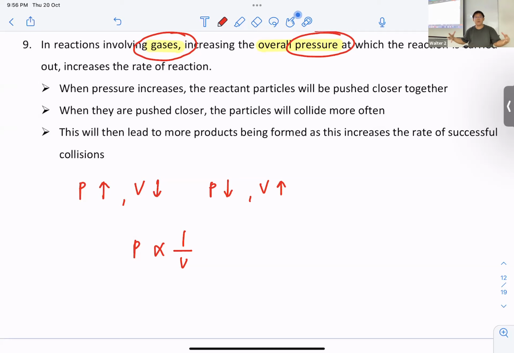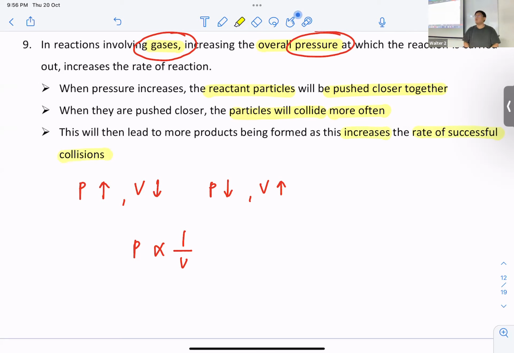When you have higher pressure, you're pushing the particles closer to each other. So the closer they are, the easier it is for them to collide with each other. So the particles will start to collide even more often, causing an increase in the number of collisions as well as number of successful collisions.